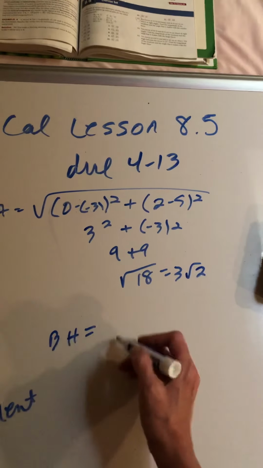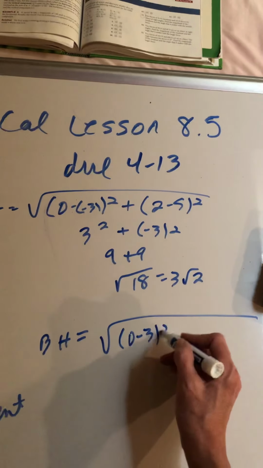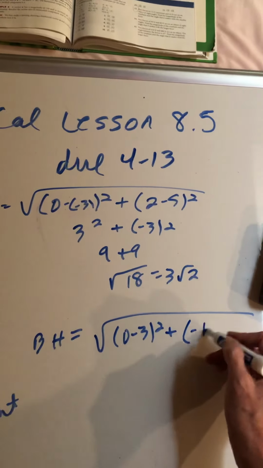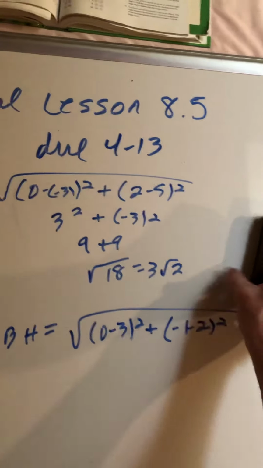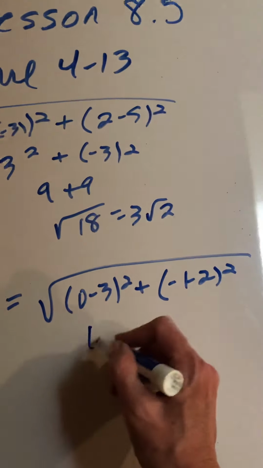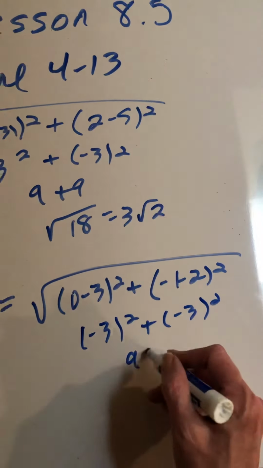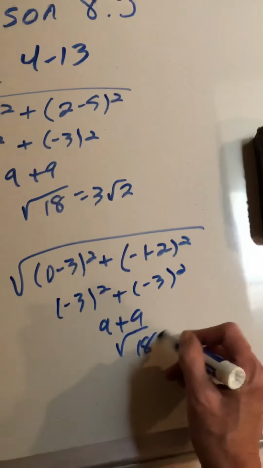Now we need to find it for BH. So I would do 0 minus 3 all squared plus -1 minus 2 all squared. Okay? 0 minus 3, -1 minus 2, using the B and the H. So that's -3 squared plus -3 squared. 9 plus 9, square root of 18, 3 square roots of 2.